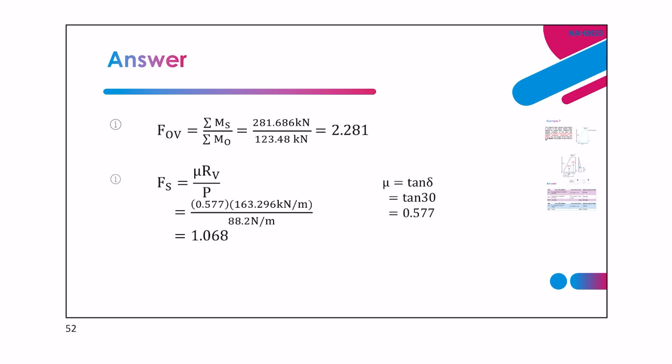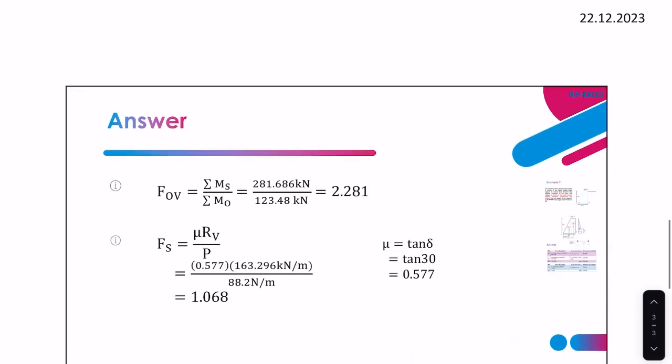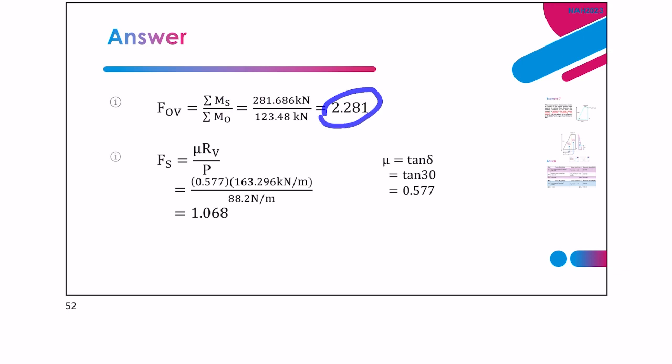Just get the value from the table that kita dah kira di sini, which is total stabilizing moment and total overturning moment. You will get 2.281. That is factor of safety against overturning for this retaining wall. So kita tak ada anything to compare. Just leave the answer like this.